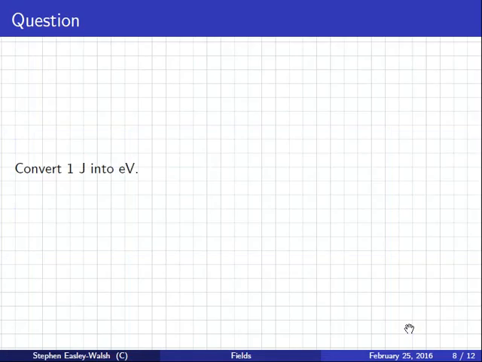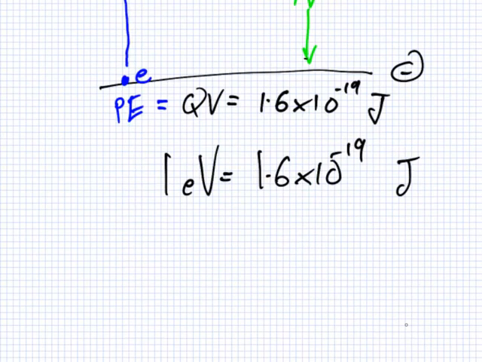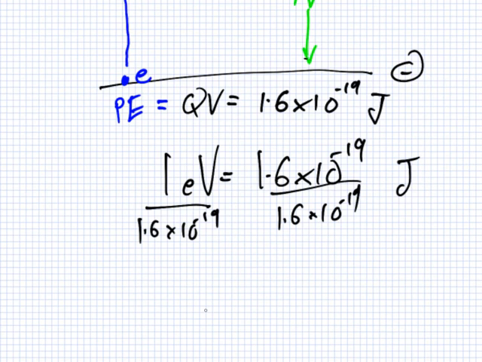Convert 1 joule into electron volts. So by using this answer, you could do that, because you only want 1 joule. So you divide both sides by 1.6 times 10 to the minus 19. And on the right, you get 1 joule.